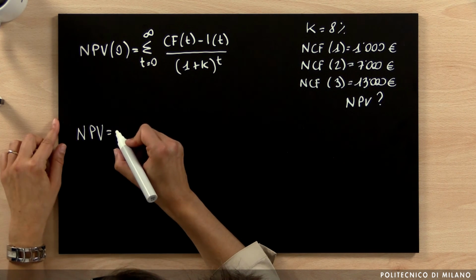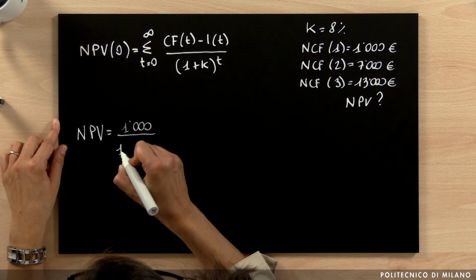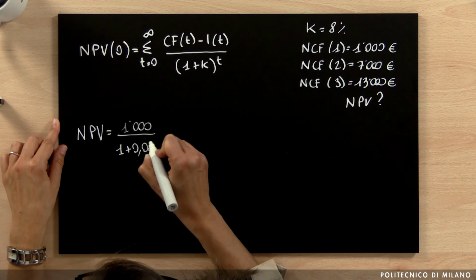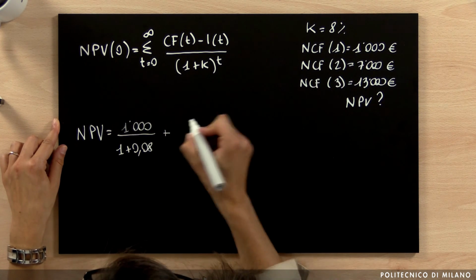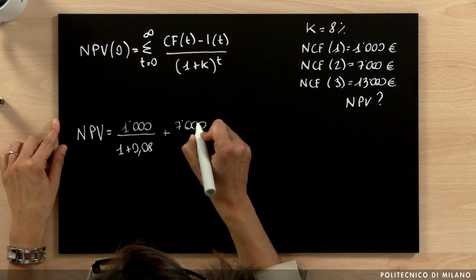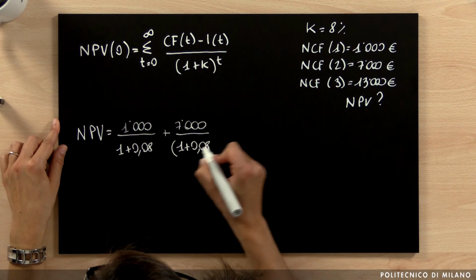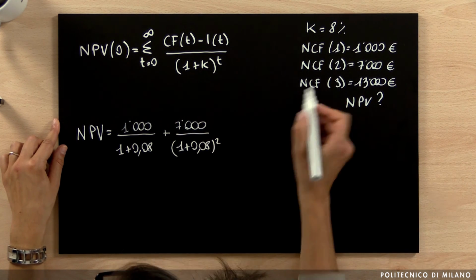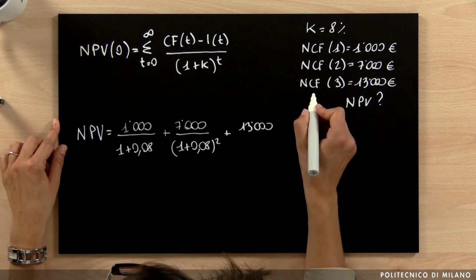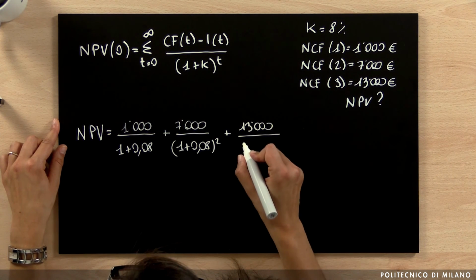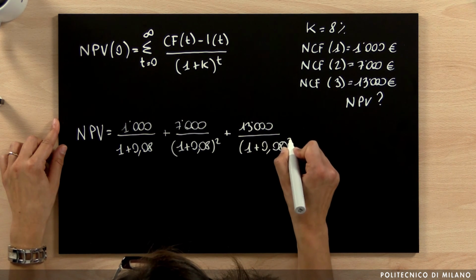The NPV equals 1,000 euros divided by 1 plus 0.08, which is our cost of capital, and this is year 1, plus 7,000 euros divided by 1 plus 0.08 to the power of 2, which is year 2, plus 13,000 euros, which is the net cash flow of year 3, divided by 1 plus 0.08 to the power of 3.